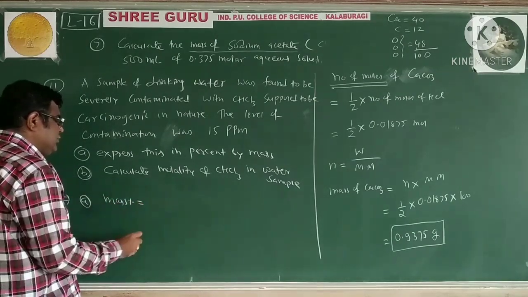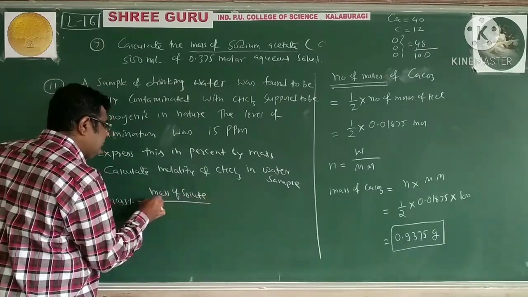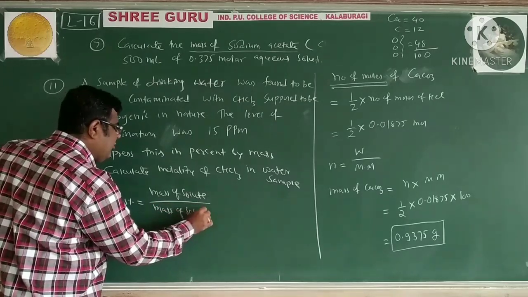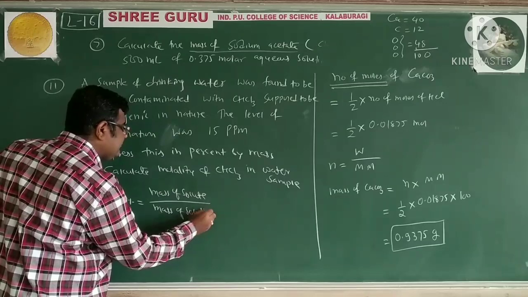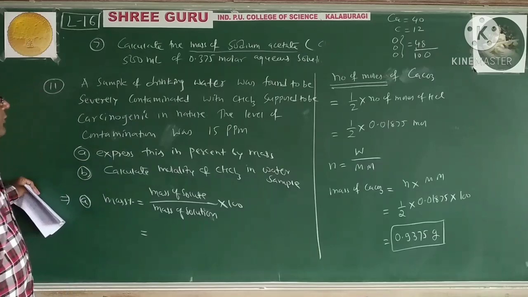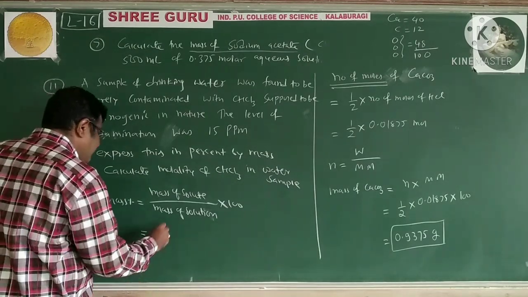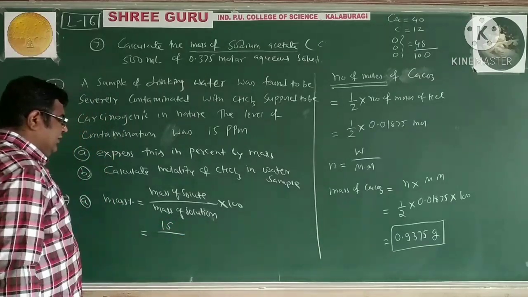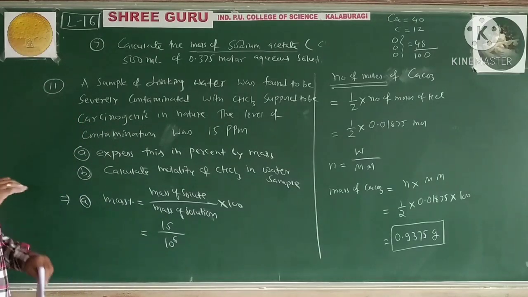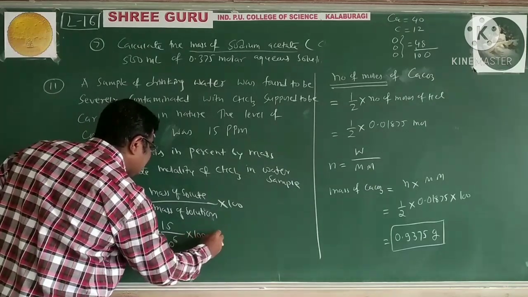Mass percent is equal to mass of solute divided by mass of solution into 100. Mass of solute is given as 15 gram. Solution is 10⁶, because that's what we mean by parts per million, into 100.